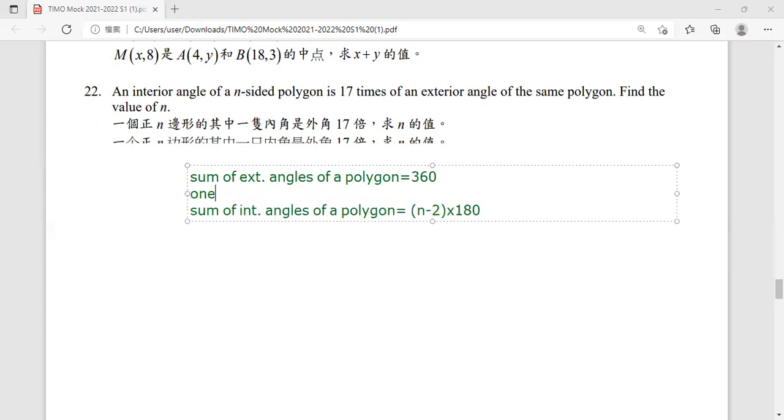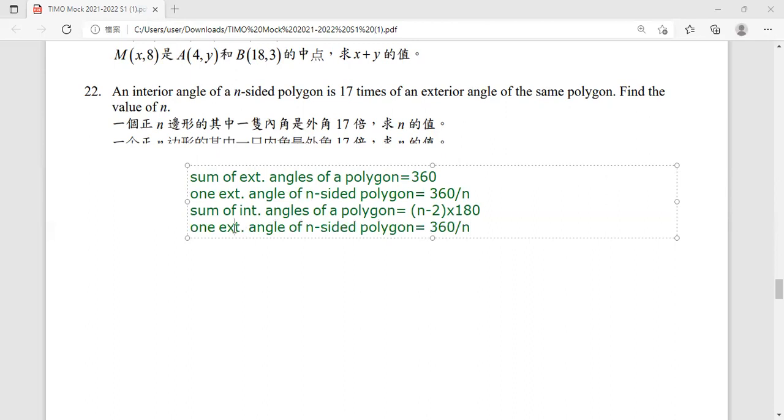One exterior angle of an n side polygon will be equal to 360 over n. Okay. So one interior angle will be n minus 2 over n times 180.